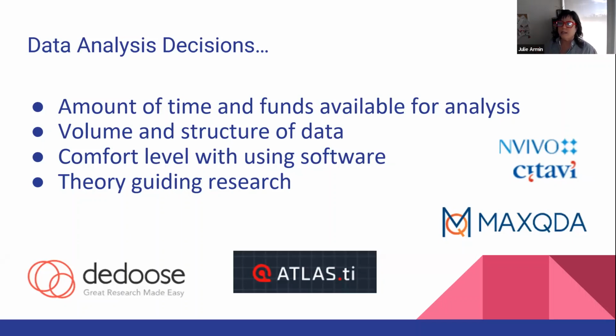So you really need to think about what type of data, how much data you have, how many team members you have, to determine whether you want to use some sort of specialized qualitative data analysis software, or something like Excel or Word, where you could potentially code the data if you don't have a lot of data and if you don't have a huge team.